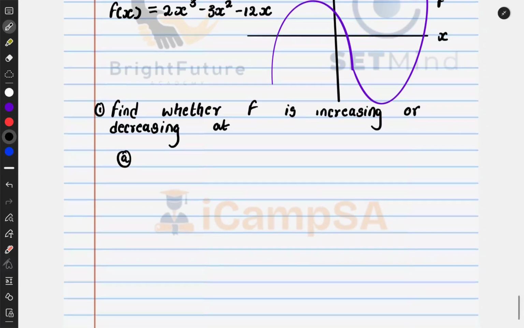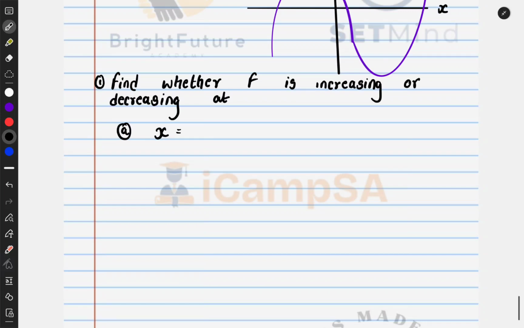So for A, at x is equal to -2, for B at x is equal to 0, for C at x is equal to -1, for D at x is equal to 3, and for E at x is equal to +2.